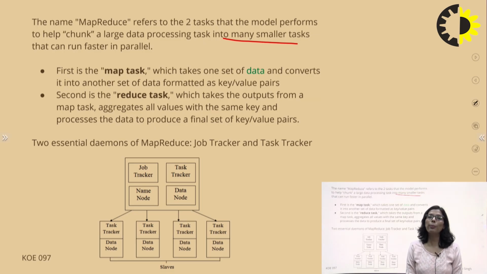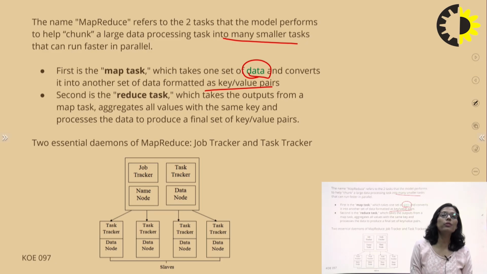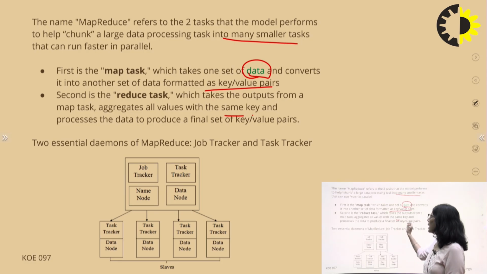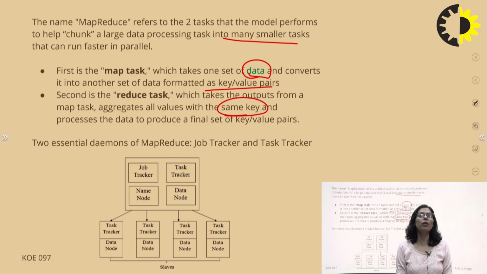What does the map task do? It takes the data and converts it into a set of key value pairs. What does the reduce task do? The reduce task aggregates the values based on the same key. We will explain this in detail in further slides.